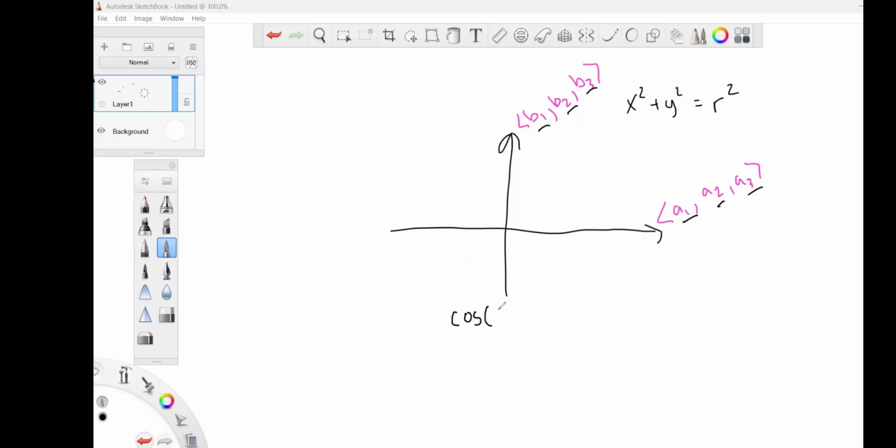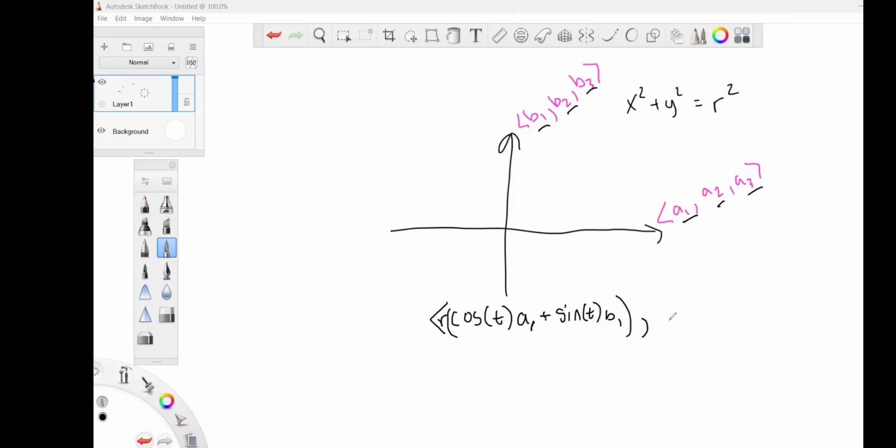So it looks like cosine of something in the direction of A1 plus sine of some angle in the direction of B1 as our x coordinate, times the radius, how far away we want to get.